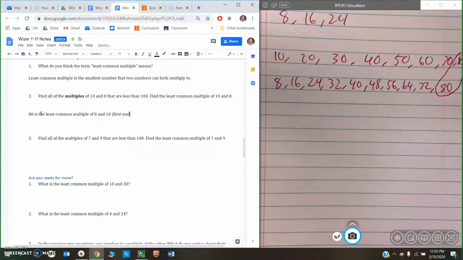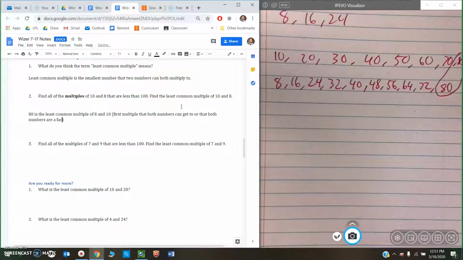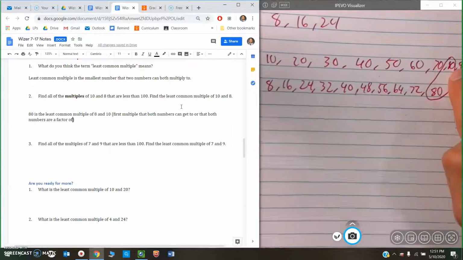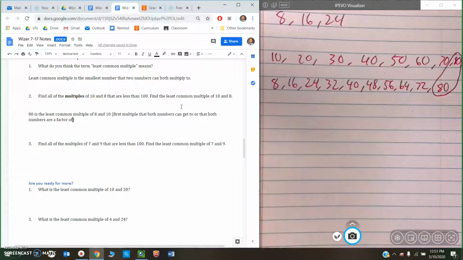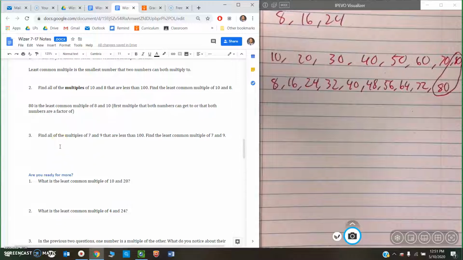So it's the first multiple that both numbers can get to. We could also say that both numbers are a factor of, right? So 10 and 8 are both factors of 80, because 80 can be divided by 10 and 80 can be divided by 8. So why don't you do number 3 independently, find all the multiples of 7 and 9.